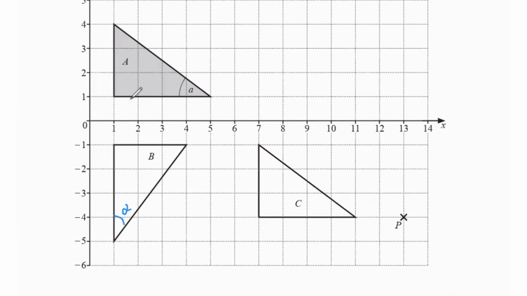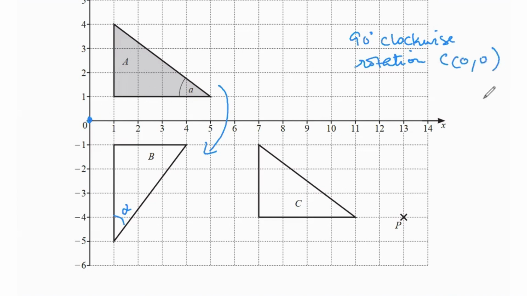It's a 90-degree clockwise rotation, because we're going from this to this direction. 90 degrees clockwise rotation. And for the center of rotation, it's the origin. So that's your answer.